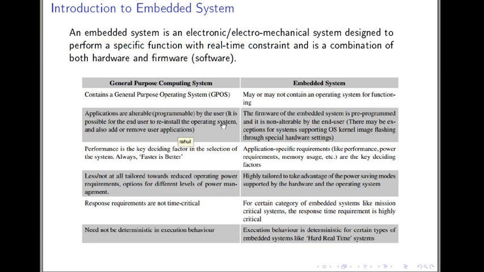If we have to differentiate between general purpose computing systems and embedded systems: general purpose systems have a full-fledged operating system, while embedded systems operate on a real-time operating system, an RTOS. In general purpose computing, execution behavior is not deterministic, while in embedded systems execution behavior is deterministic and has to perform in real time.